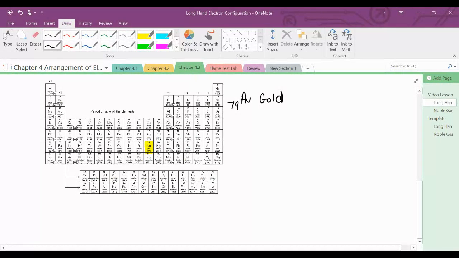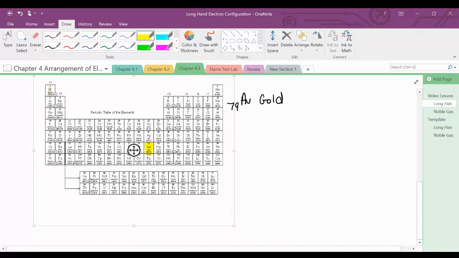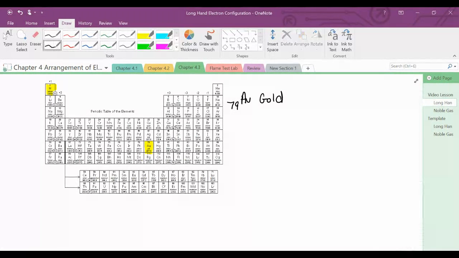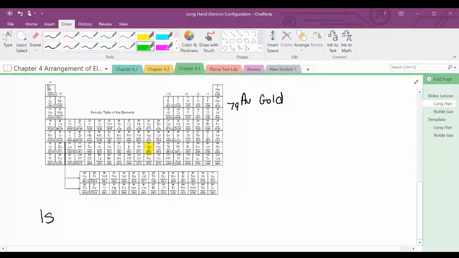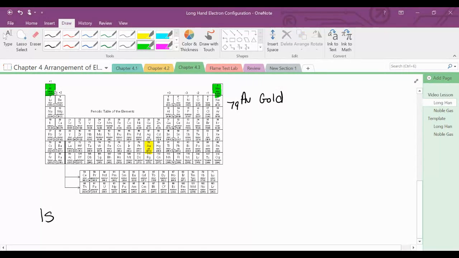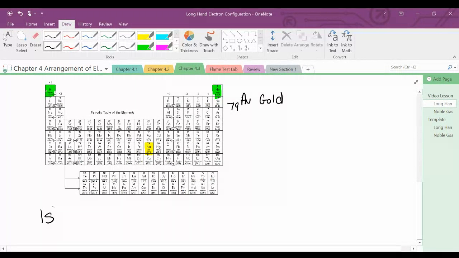And I'm actually going to write it below the periodic table. We're going to start in the first energy level, 1s, and it'd be 1s2. Takes us through the first energy level.